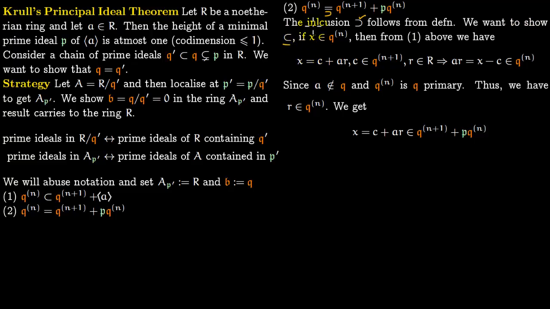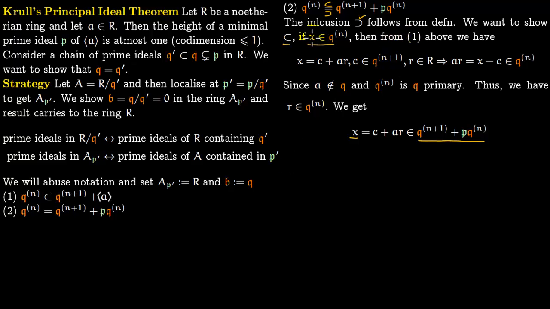We are going to start with x lying in the nth symbolic power of ideal q, and then show that this x will eventually lie in the right hand side. That will prove this inclusion.